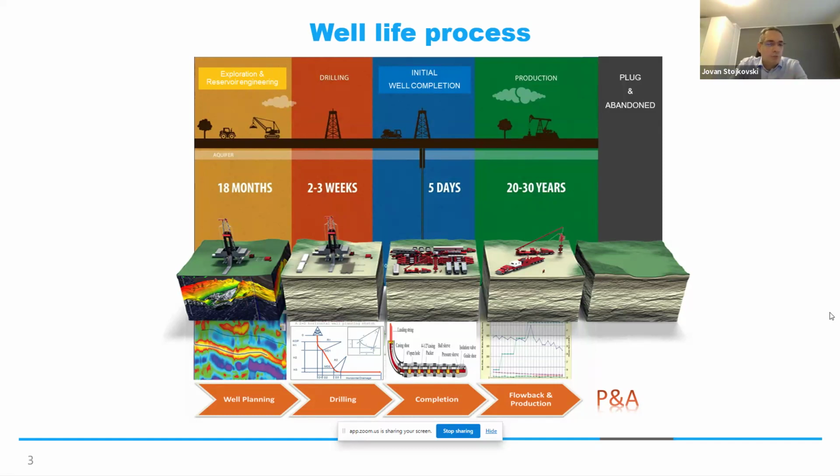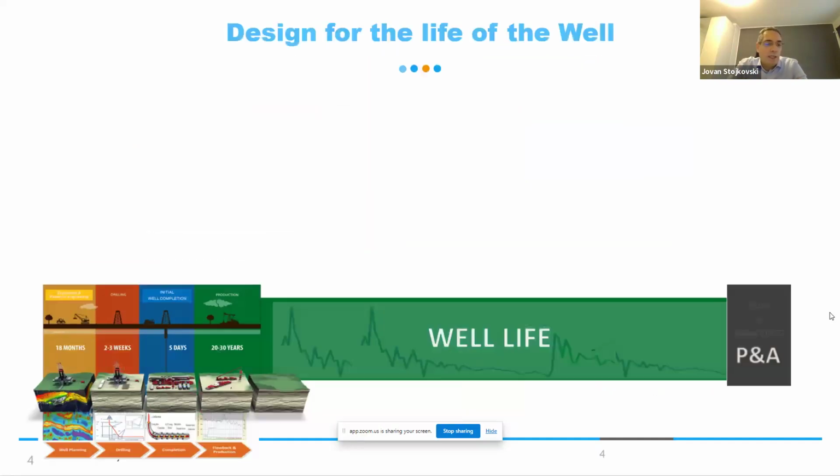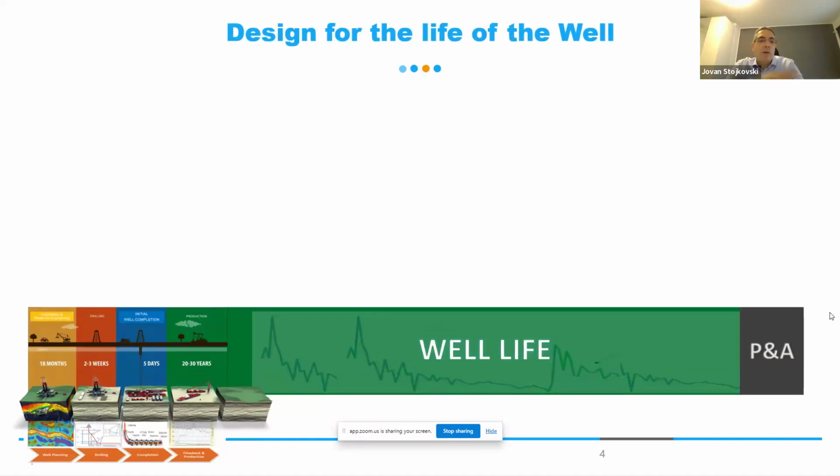After that, we go to the process of drilling, which I put at approximately 2 to 3 weeks, but if we are going deeper, it can take a month or two. The initial completion, after we finalize the drilling, can take up to 5 days, depending on the complexity. You can see the whole production of the well will take many years after we finalize the well.